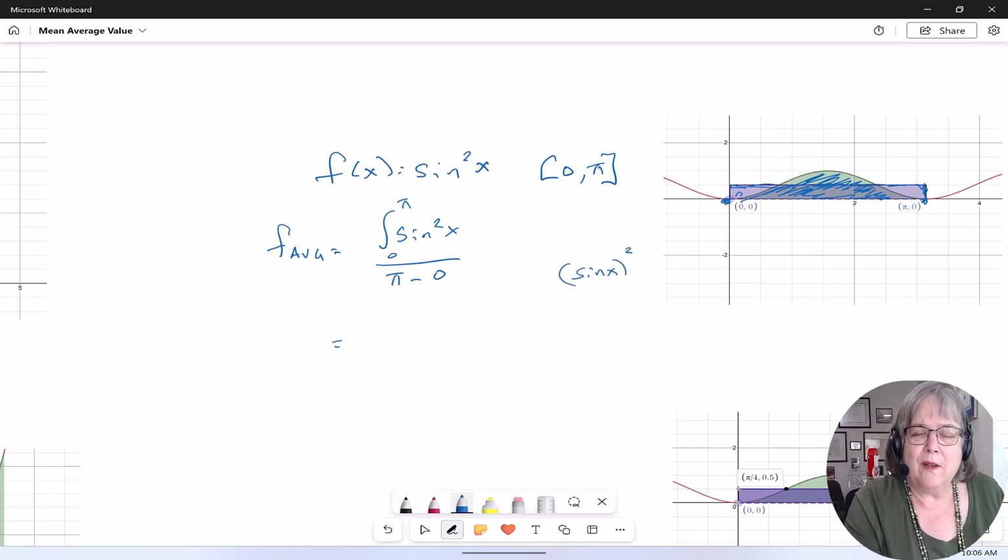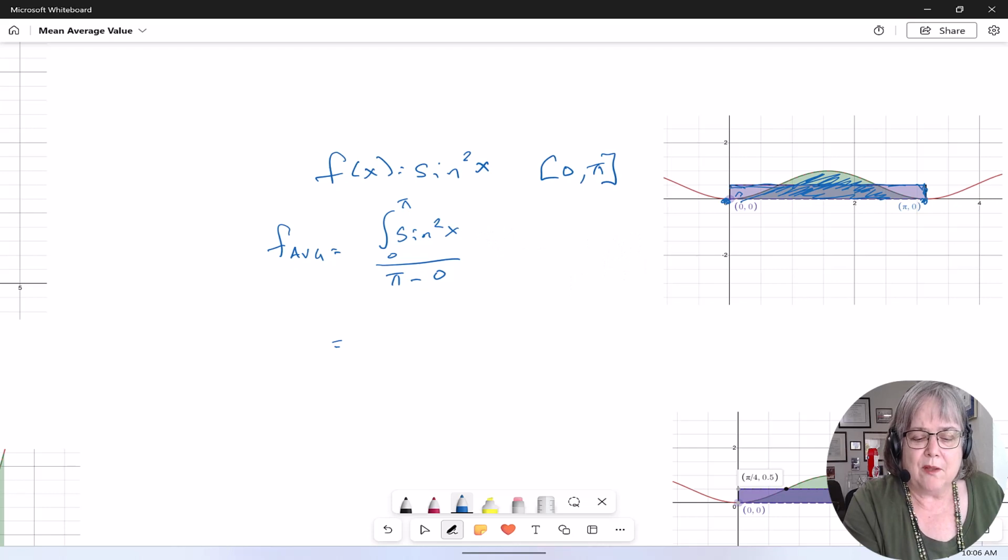And one of the ways you can tell you need that u substitution is if you look at this part and say, if I took the derivative again, because this is the derivative of something, sine squared x is the derivative of something you're trying to retrieve. Well, if I took the derivative of this again, I would have to use the chain rule. So if you have to use the chain rule to take the derivative again, that means you've got things nested inside of each other. You're probably going to need to use that u substitution to back it up.